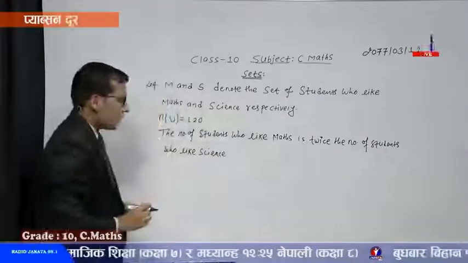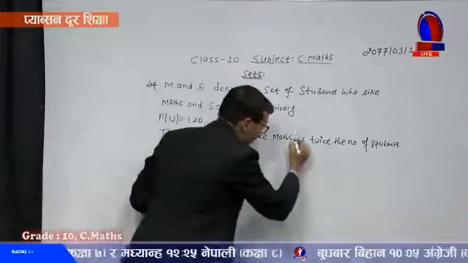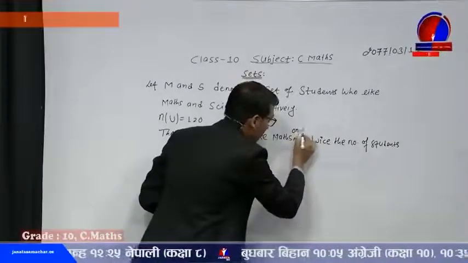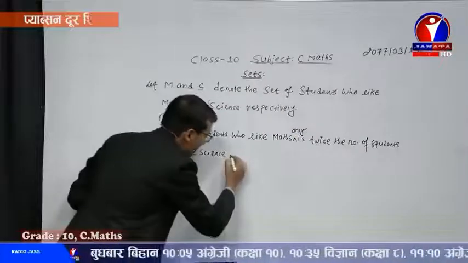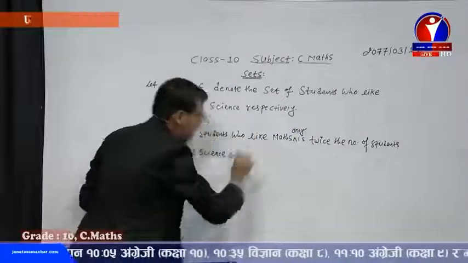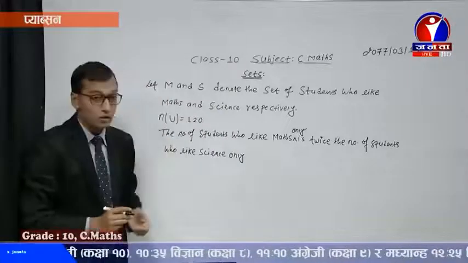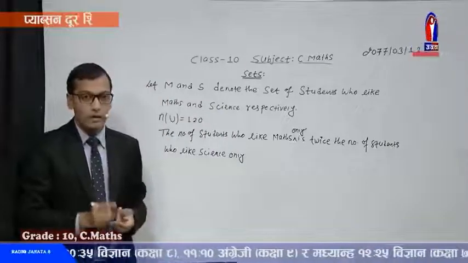The number of students who liked mathematics only is twice the number of students who like science only. So this is the condition which is mentioned in the question.